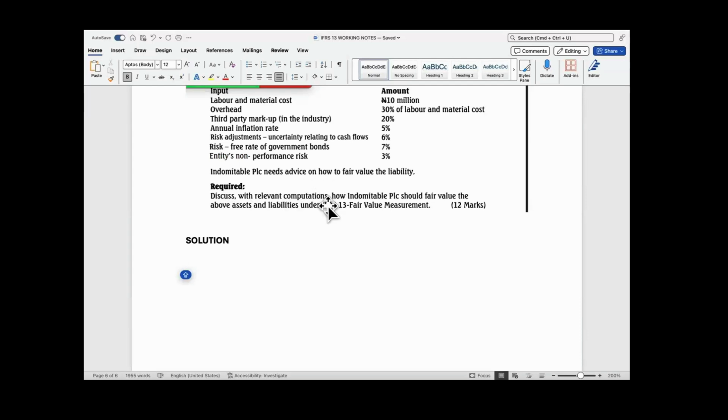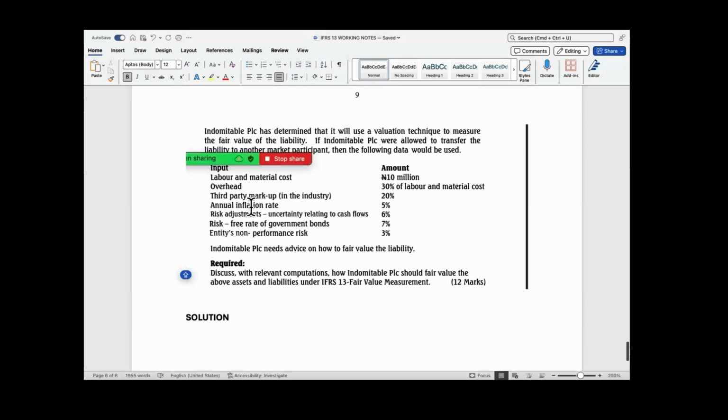So what do they want me to do? They said, how should Indomitable fair value the above assets and liabilities? So that means you're going to discuss how it's going to determine the fair value of the asset and also the fair value of the liability.